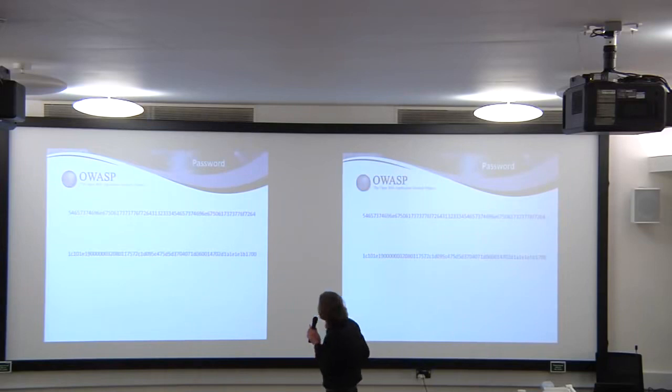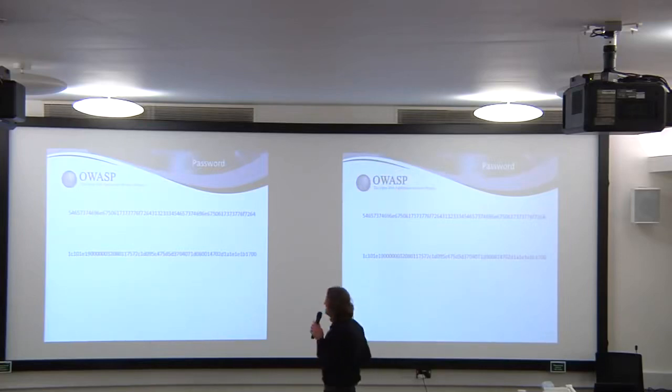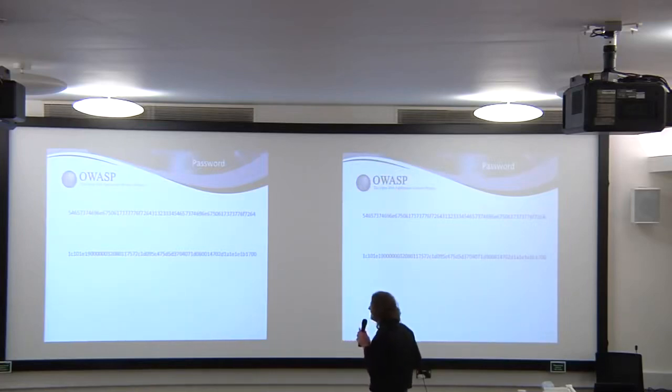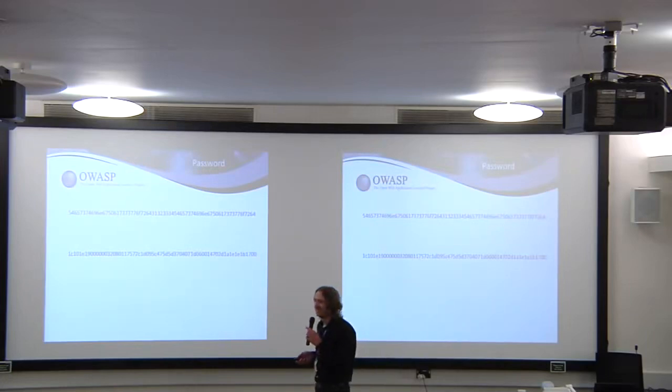So it was the same length. Any ideas? What can we do about it? Yes, we can change one letter, and there also changes one letter. Okay. So, substitution cipher or even a one-time pad?